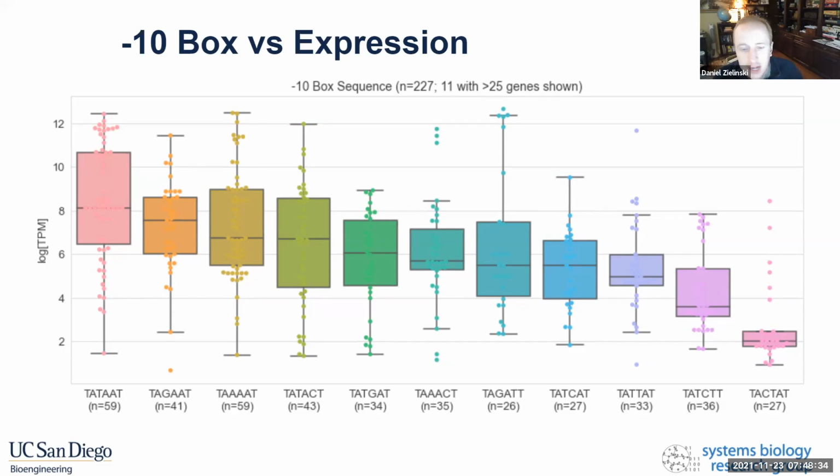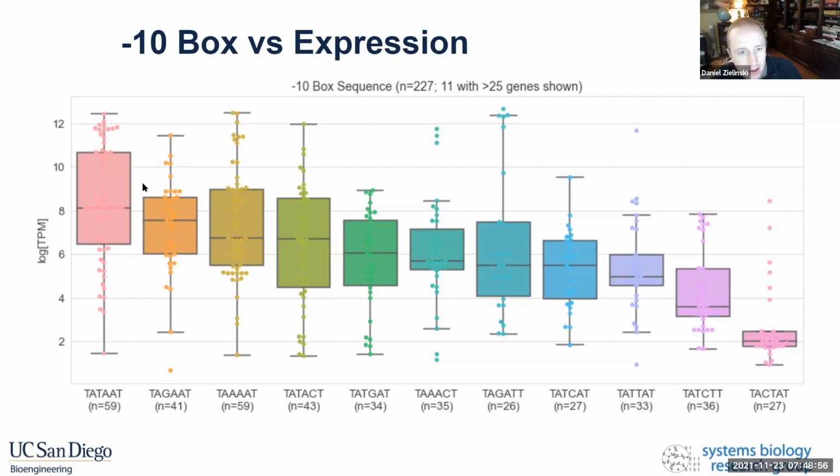It can bind really tightly, and that helps initiate the transcription. And so we looked at the most frequent variants of the -10 box in E. coli, and then looked at their expression.